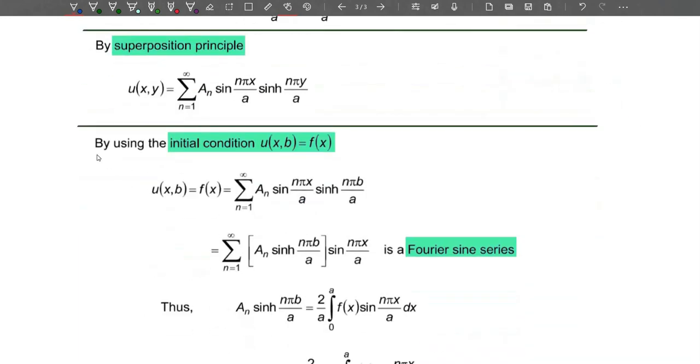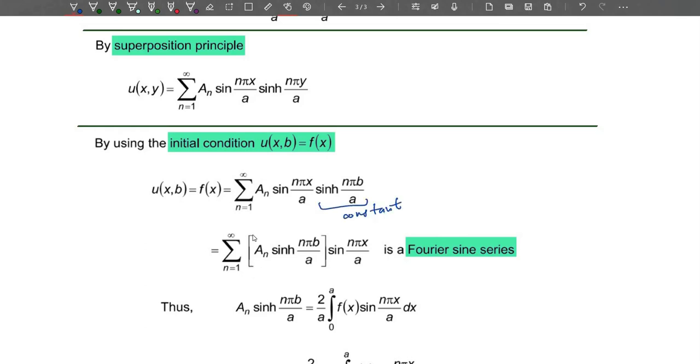And then by using the initial condition u(x,b) equal to f(x), u(x,b) equal to f(x) equals summation An sin n pi x over a sinh n pi b over a. That means this part will be constant.